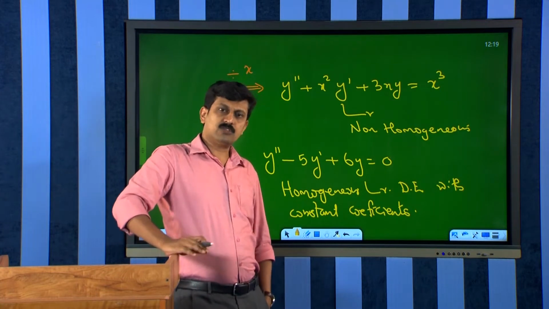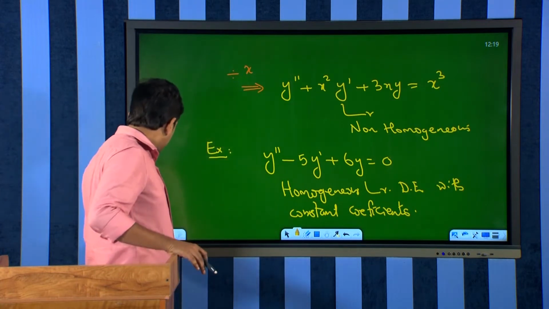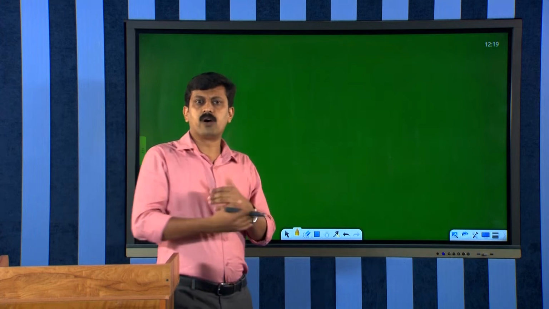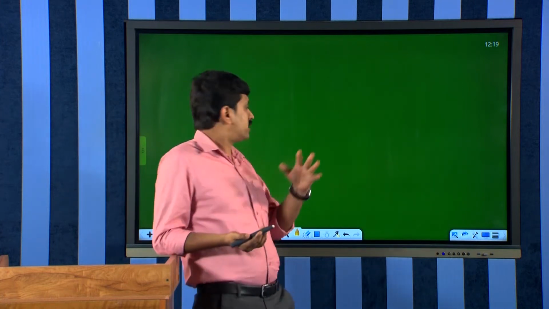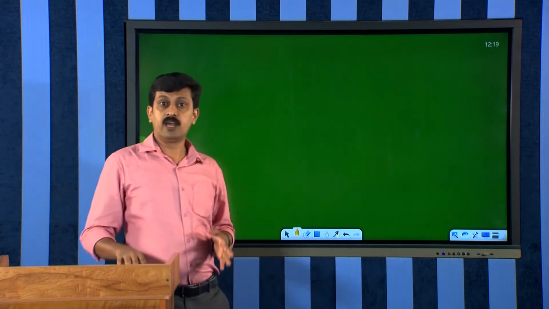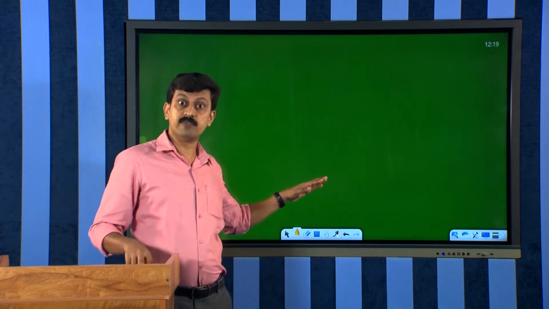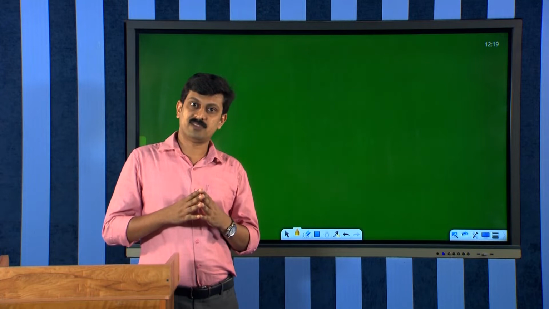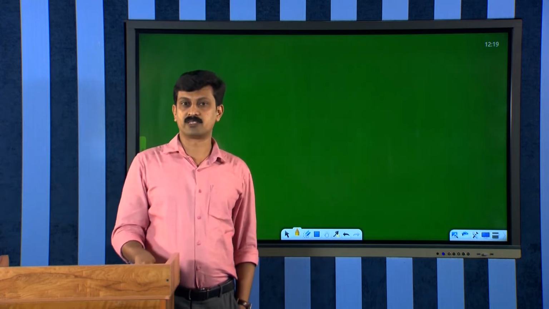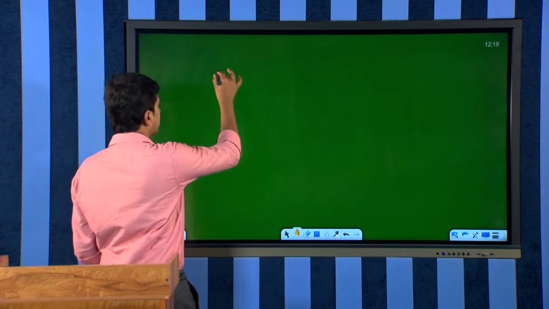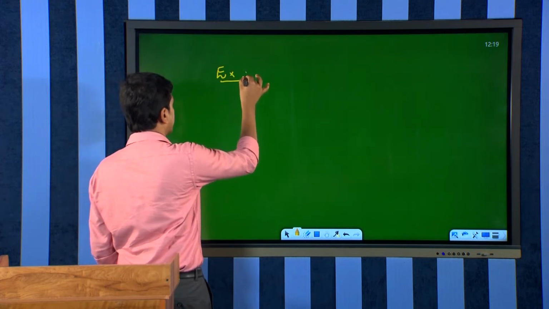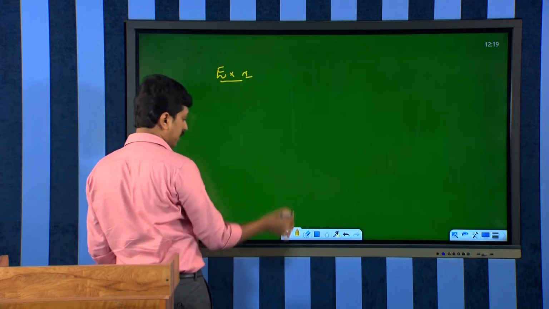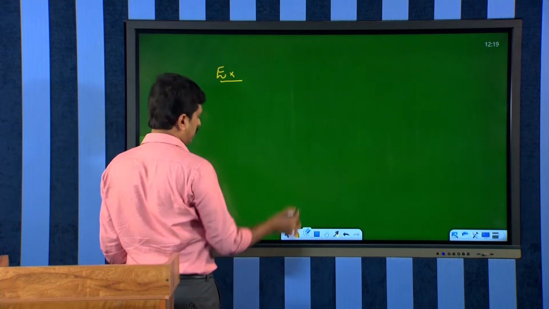Dear students, now we have to think about the nonlinear differential equation. All the differential equations, other than the forms that we discussed here, are called nonlinear differential equations. We can move to examples of the nonlinear differential equation.